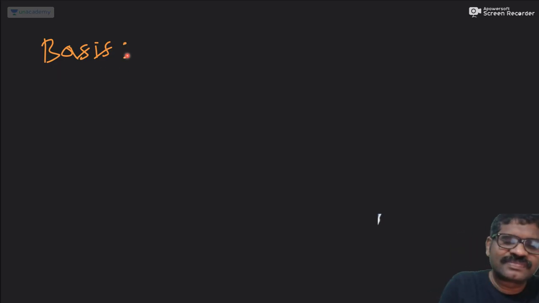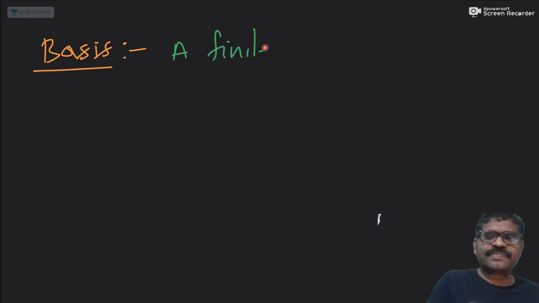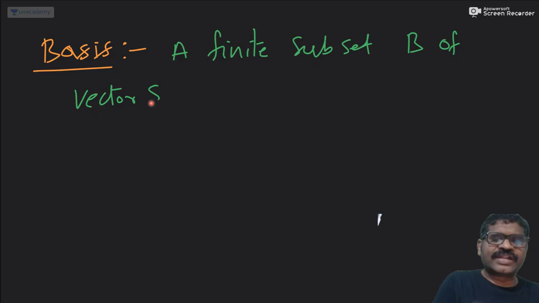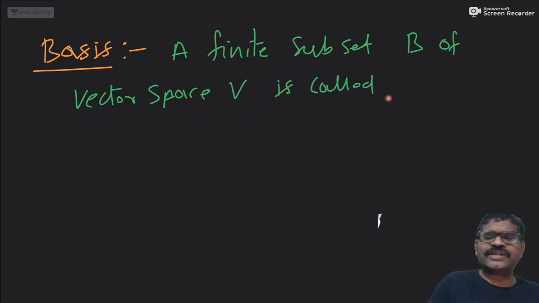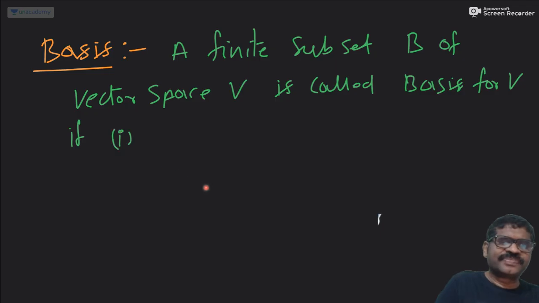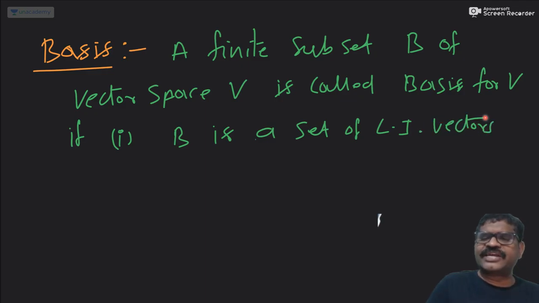Basis. A finite subset B of vector space V is called a basis for V if, first condition, B is a set of linearly independent vectors.